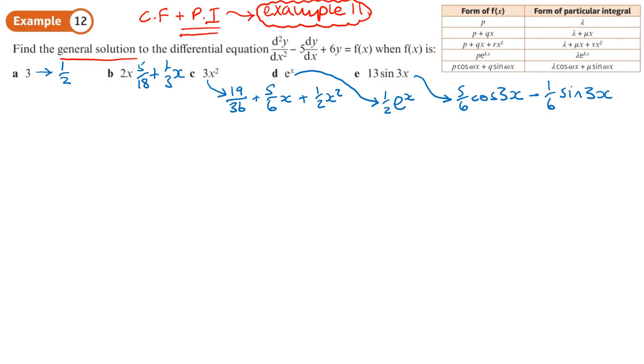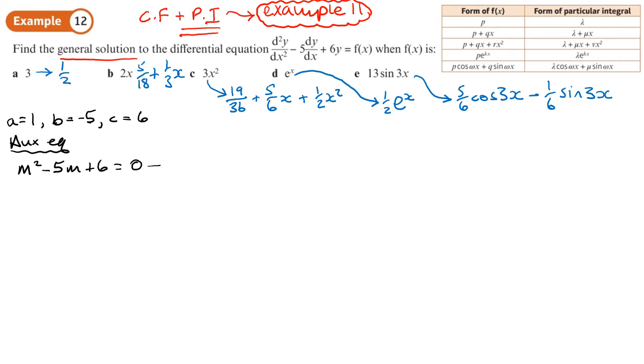So all we need to do now is to form the auxiliary equation, so that's with a equal to 1, b equal to negative 5, c equal to 6. So the auxiliary equation is going to be m squared minus 5m plus 6 equals 0.